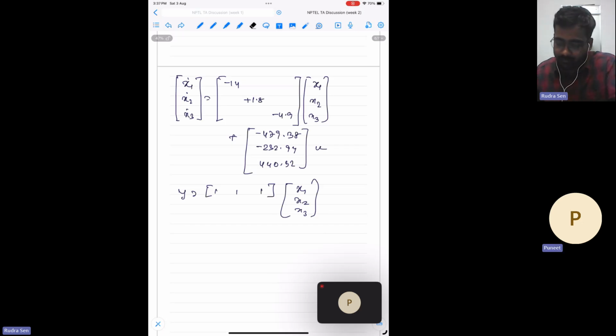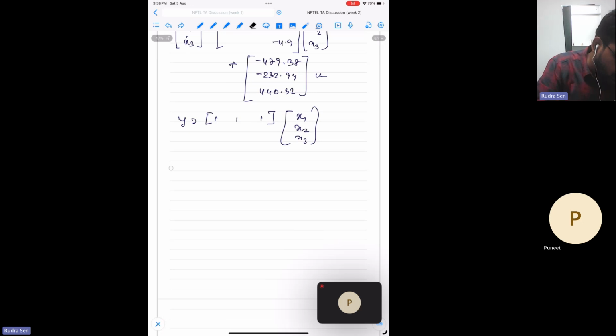Now let's say, in the previous class I got the same question. In case of, let's say, my G(s) is basically (2s square plus 3s plus 5) divided by (s cube plus 6s square plus 11s plus 4).